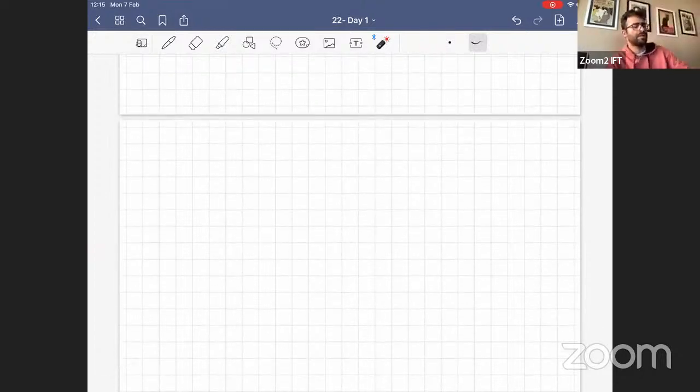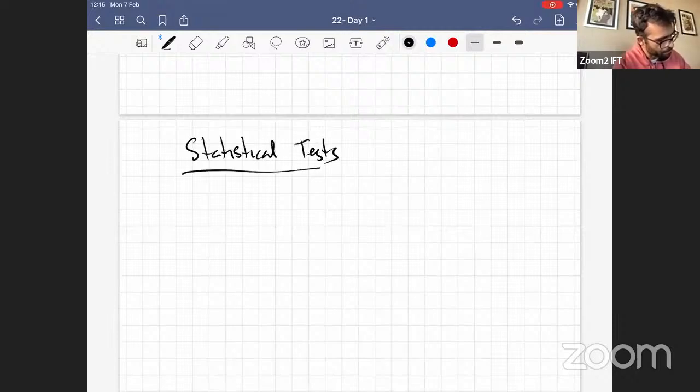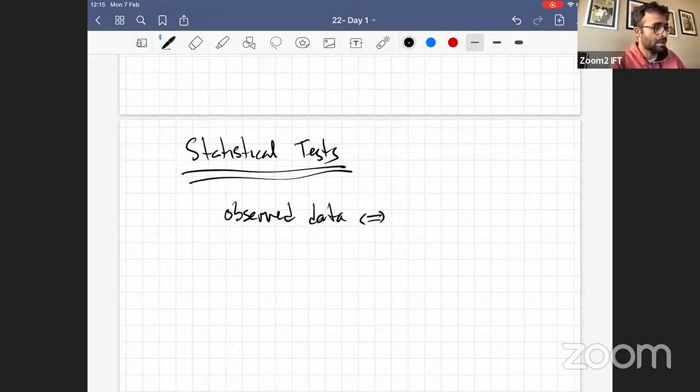start with the second topic, which is statistical tests. The goal in a statistical test is to make a statement about how well the observed data is in agreement with prediction, right? So you have some observed data, and then you have some predictions.